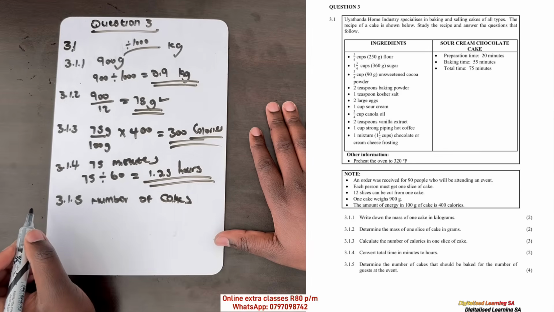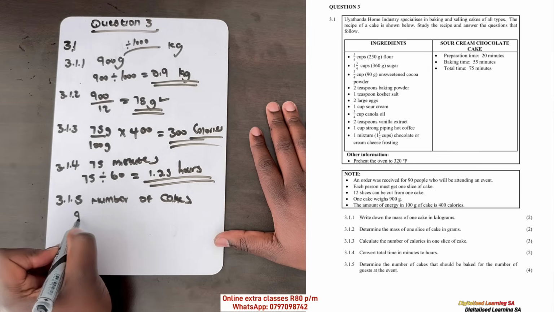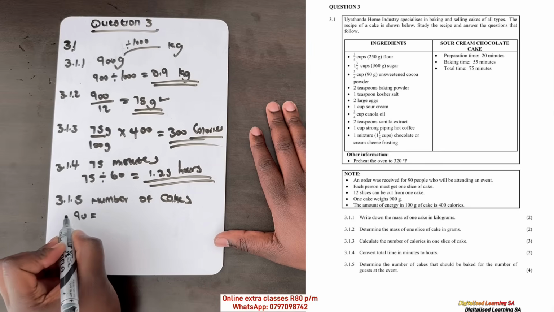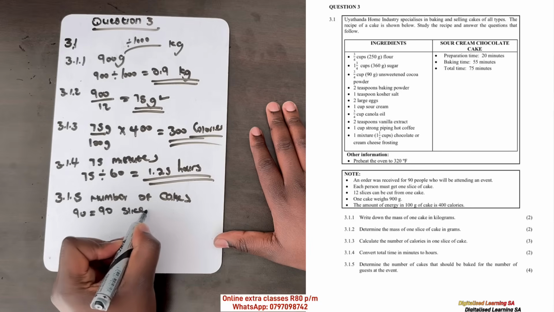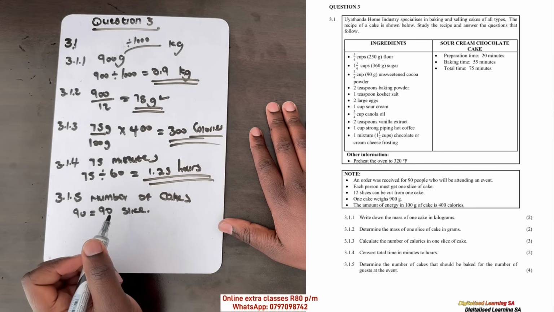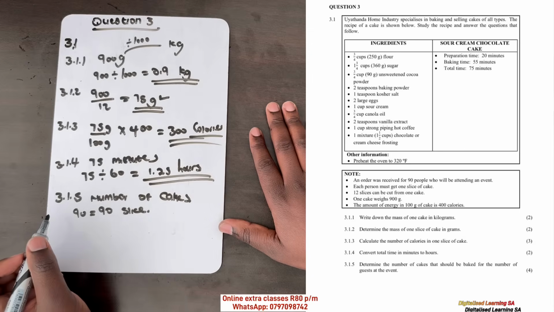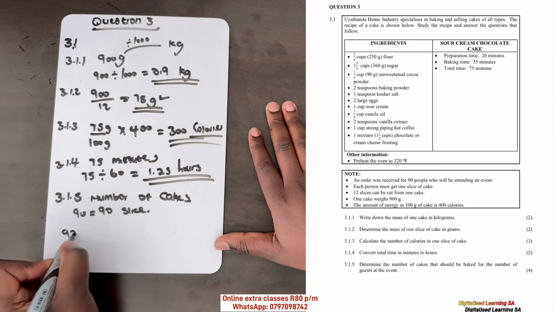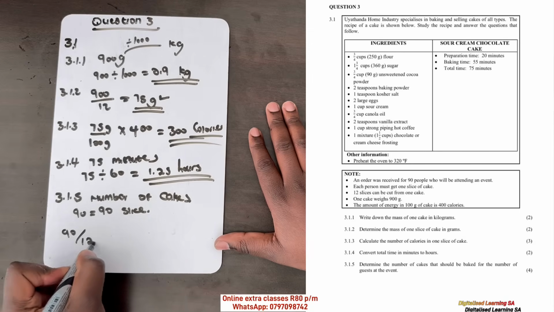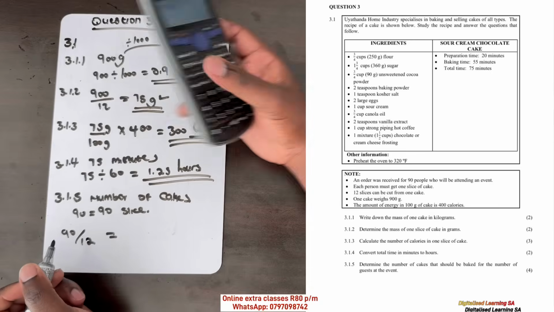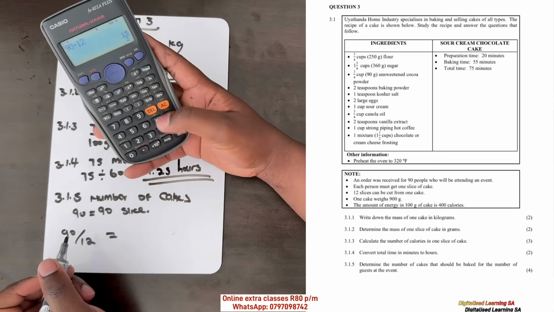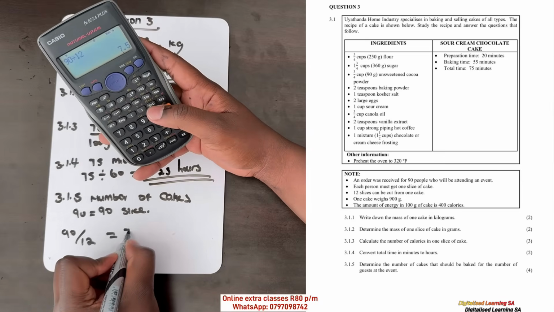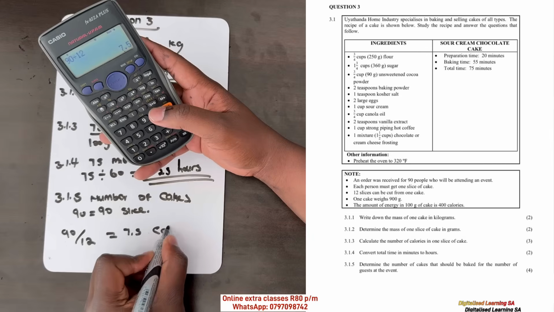So there are 90 guests, meaning that each guest will need one slice, meaning that we will need 90 slices. And we know that one cake has 12 slices. So to get the number of cakes, we just say 90 divided by 12. So the answer will be 7.5 cakes.